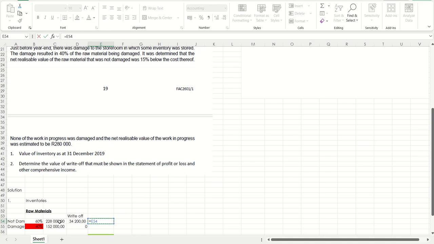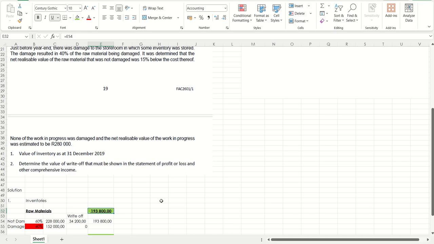Then our final amount here will be the 60% remaining minus the write-off of 193,800. So our final value for the raw materials will be the 193,800.